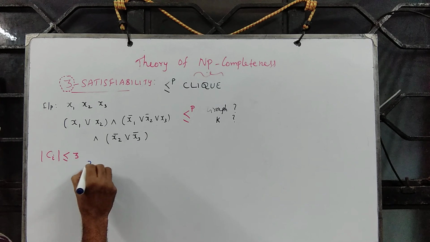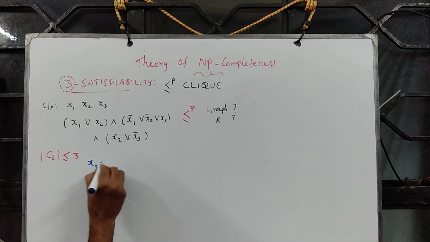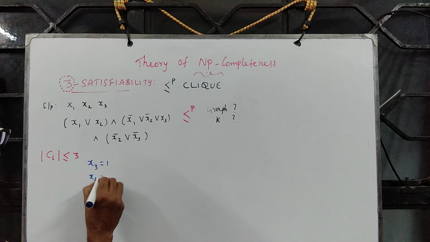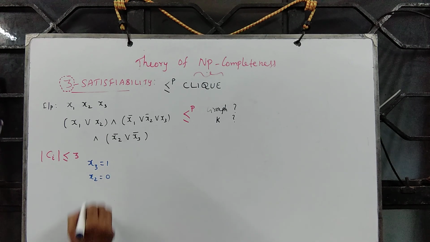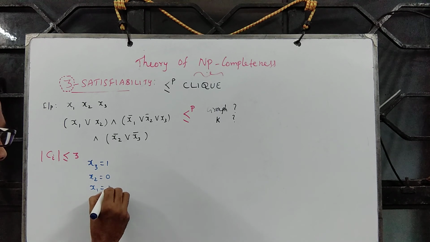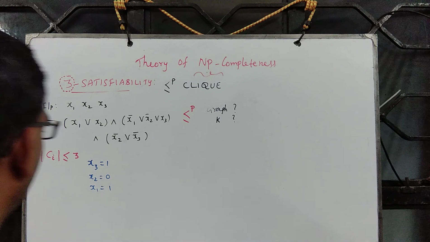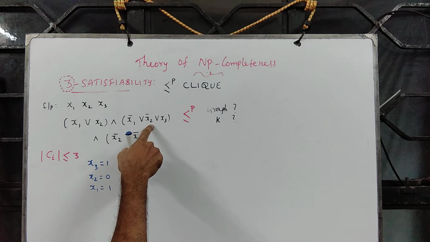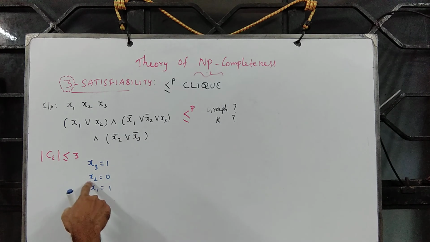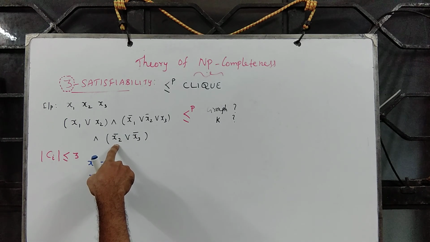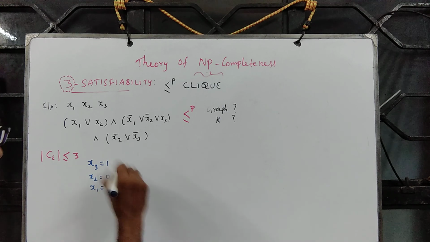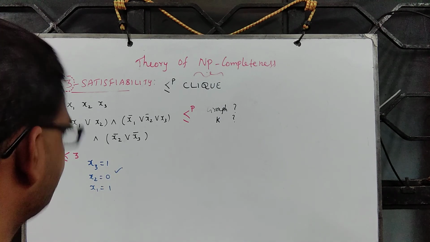Suppose I say x3 is 1, x2 is set to 0 and x1 is set to 1. Now, because of this one is true, because of this one is true, and because of this one is true, the formula evaluates to true for this assignment.